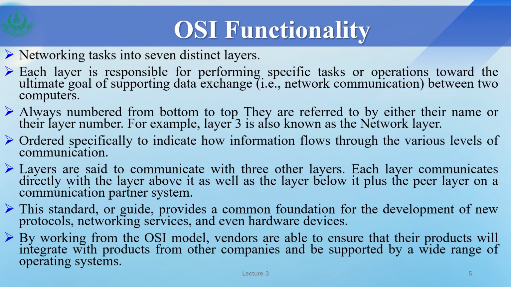The layers are always numbered from bottom to top. They are referred to by either their name or their layer number. For example, layer 3 is also known as the network layer. They are ordered specifically to indicate how information flows through the various levels of communication tasks.